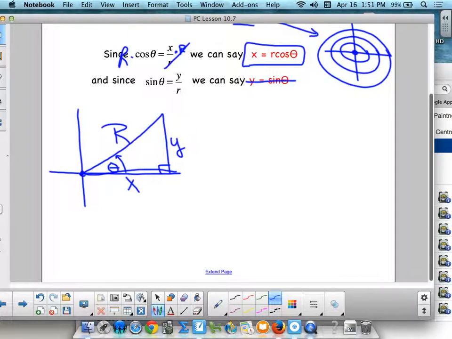This is wrong, by the way. Y equals what? Cross out the r's. R sine of theta. There. That is going to help you convert from polar to rectangular. If you can remember this, you're going to be sitting pretty. Get this in your head, get this in your head, and this is where it came from. Okay? Here we go.